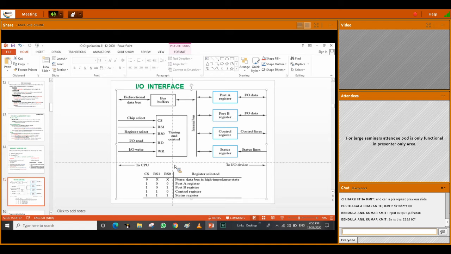Data has to be sent from the peripheral through the IO to the CPU. The status register stores the status of each register and peripheral, whatever instructions we are giving.